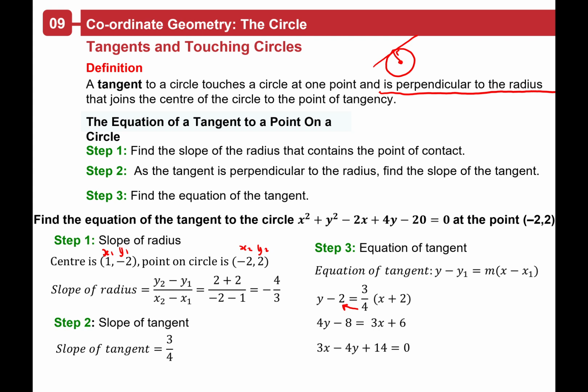Bringing everything to one side of the equation gives me 3x minus 4y plus 8 plus 6, which is equal to 14. So our equation of the tangent is 3x minus 4y plus 14 equals 0. Please pause and take down this example.